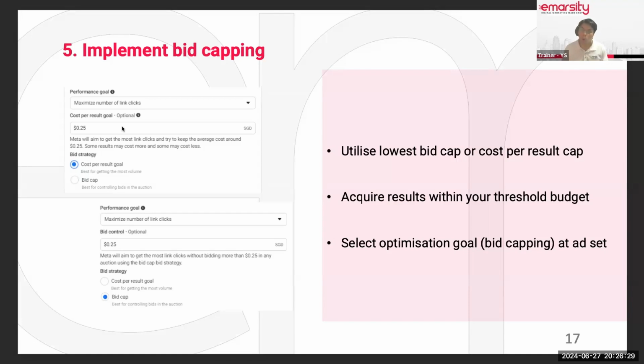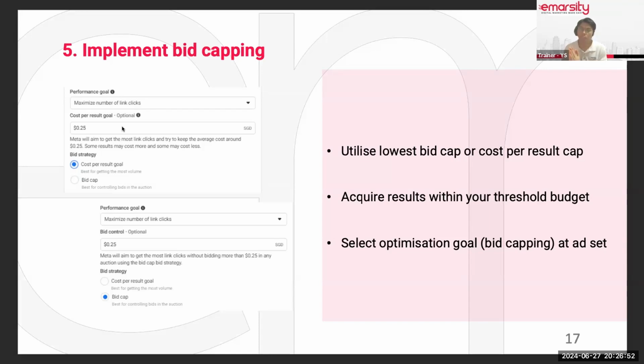So always try to implement this bid capping strategy. Another very good tip to implement. This is a bit more technical, but a very good tip. Some of my students and clients ask me, why is my cost per lead or cost per transaction very high for my ads? Then I ask them, have you implemented bid capping? What's bid capping?